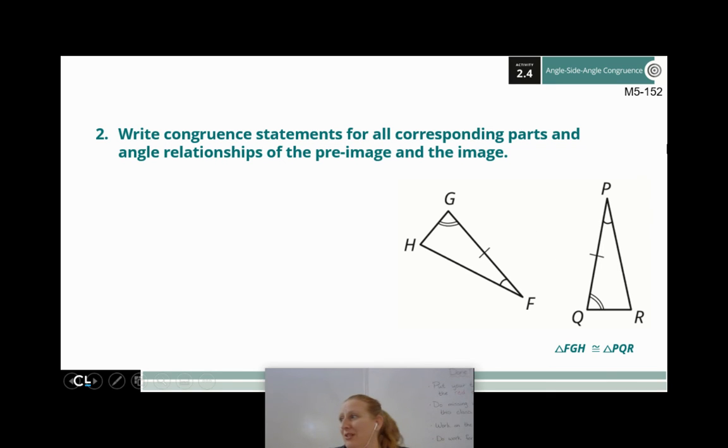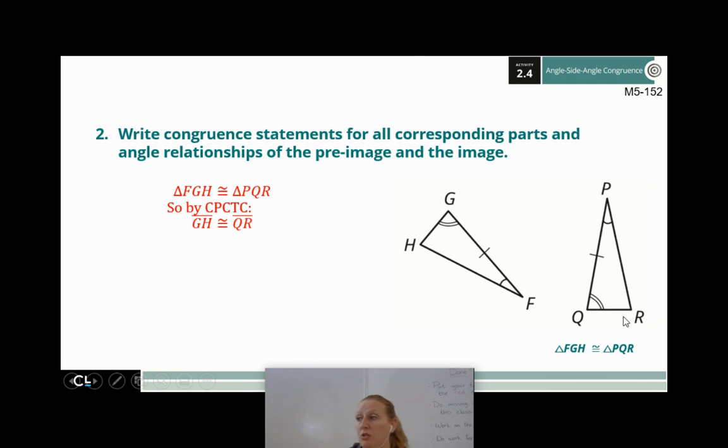All right, let's do this. So I said, okay, we already knew G and Q. We already knew GF went with PQ, or FG went with PQ. We already know angle F goes with angle P, but I know a few other things. So now that I have this, I know my triangles are congruent. By CPCTC, my corresponding parts of congruent triangles must be congruent, which means this little side here, GH, should be congruent to QR, right?